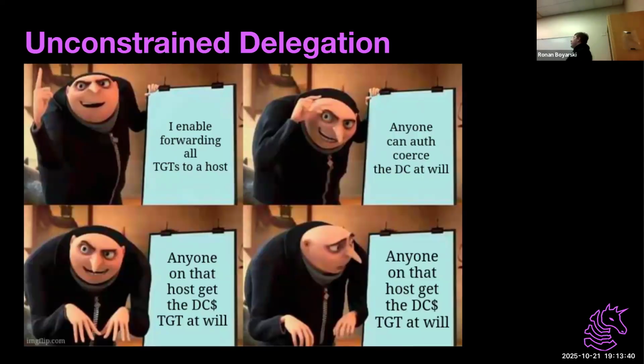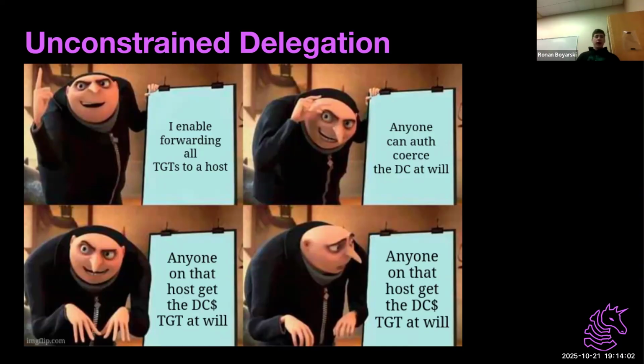So there's a problem with unconstrained delegation. I don't know if you recall when I was talking about the authentication coercion vulnerabilities, but we have the ability, in a number of ways, to force authentication under a machine account context. So the issue is we have a host and we're forwarding TGTs into it.